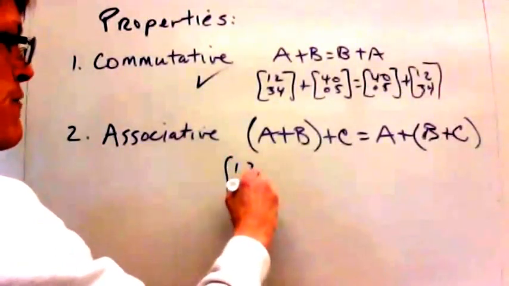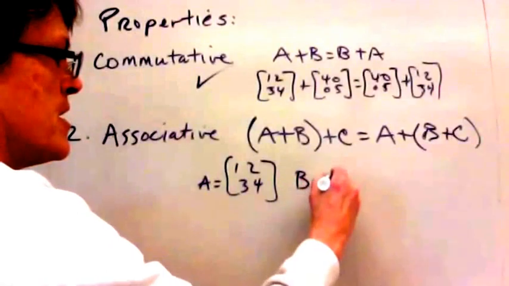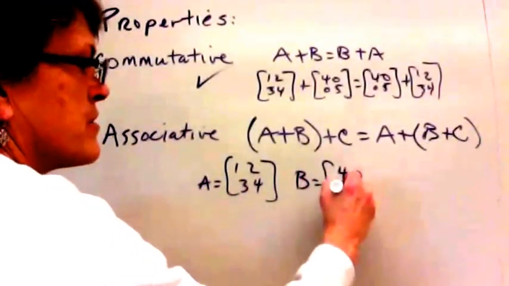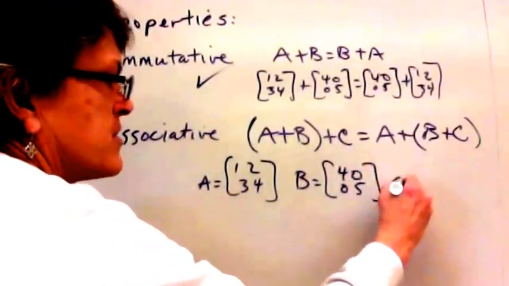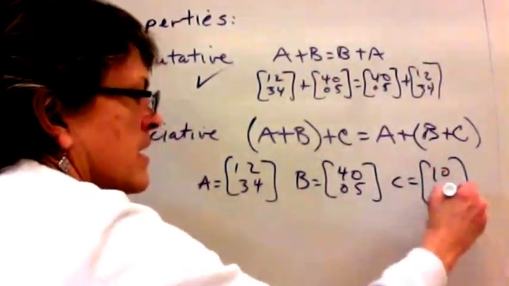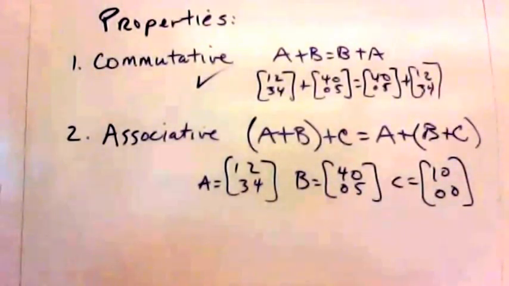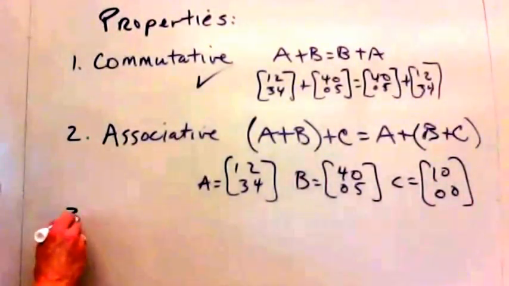A equals 1, 2, 3, 4. B equals 4, 0, 0, 5. And C equals 1, 0, 0, 0. And I want you to do this out and tell me whether or not the associative property holds. I'll ask you in class.